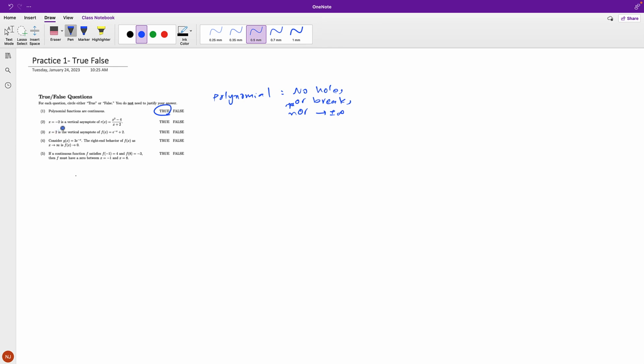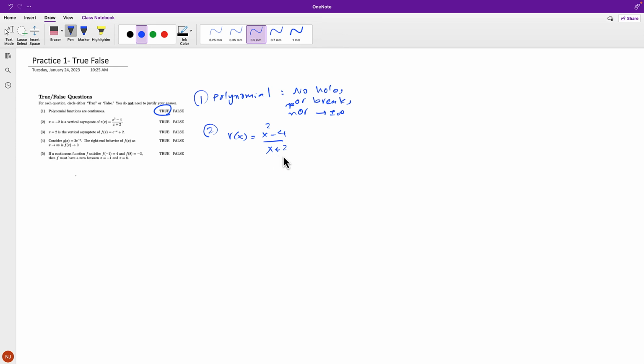Number 2. x equal to negative 2 is a vertical asymptote of r of x equal to x squared minus 4 over x plus 2. Typically, what we do is we try to find the zero of the denominator.